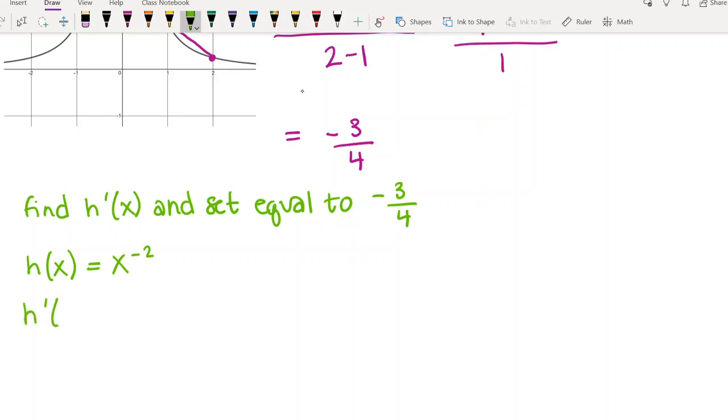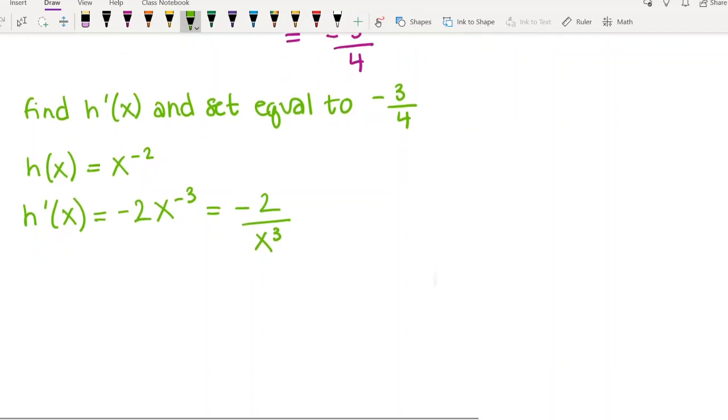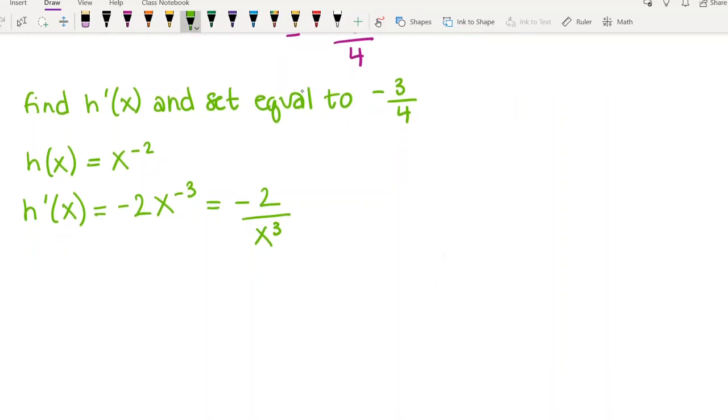And so the derivative is going to be negative 2 x to the negative 3. And for the sake of solving this equation, it's probably going to be nicer to write that as negative 2 over x cubed. Okay, so now we have negative 2 over x cubed is equal to negative 3/4.